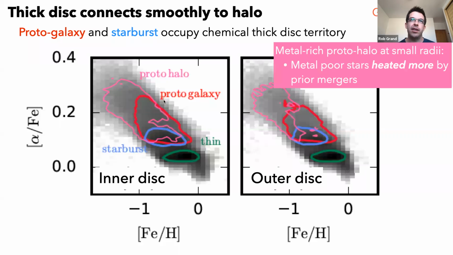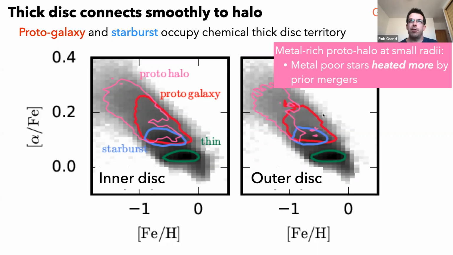And if we further divide this protogalaxy material into a protohalo, which is the very low angular momentum protogalaxy stars, essentially this goes even further back. And it seems like all of this material is fairly smoothly connected, between the thick disk and the stellar halo.